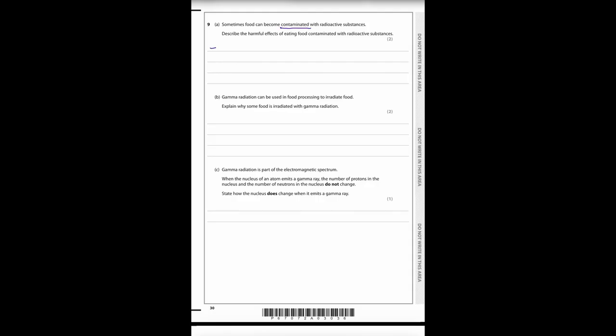So if it's contaminated, I'm just going to say that contaminated means the substance, the radioactive material, is on or inside the food.